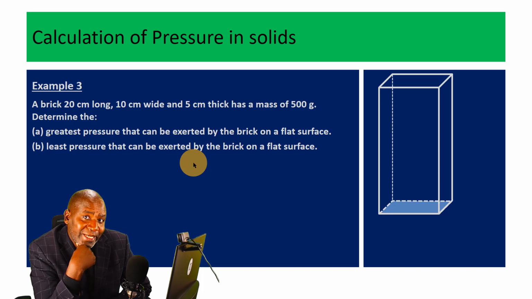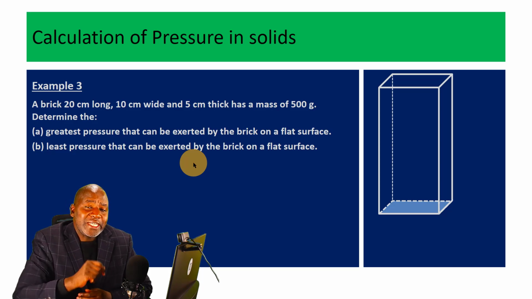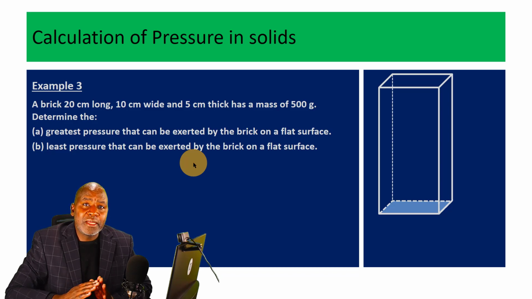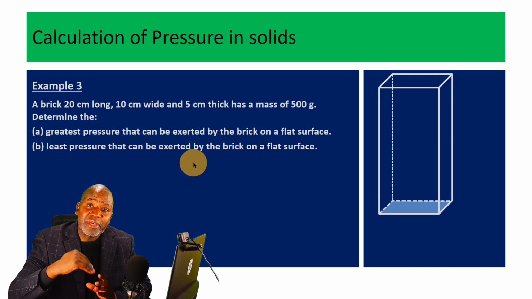But the pressure calculated when it lies on a smaller surface, we will discover that it is greater than the pressure exerted when it lies on a larger surface. Why is that? It's because pressure is inversely proportional to the area. The smaller the area of contact, the greater will be the pressure.